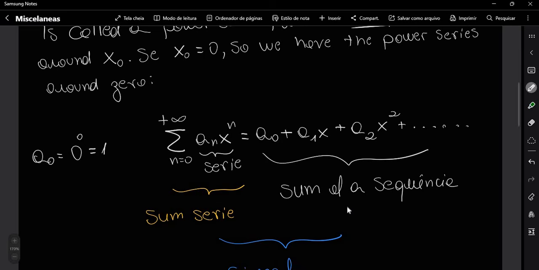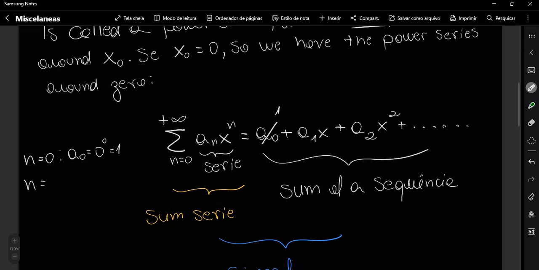Let's say now, for n equals 0, we have a0, which is again 0 to the 0, which is equal to 1. So this is 1.